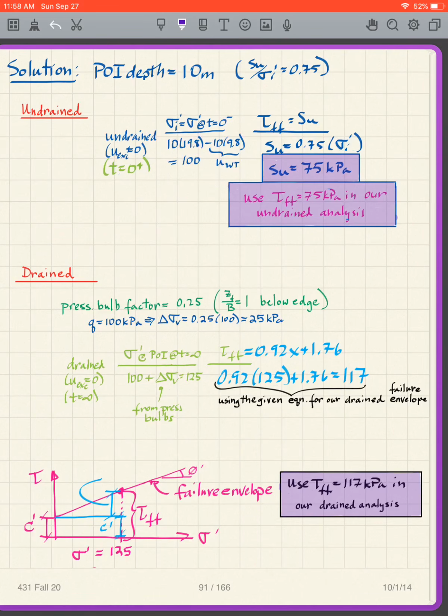And then to get our tau ff, which is 0.92x plus 1.76, we put in the 125, and we get a tau ff of 117.